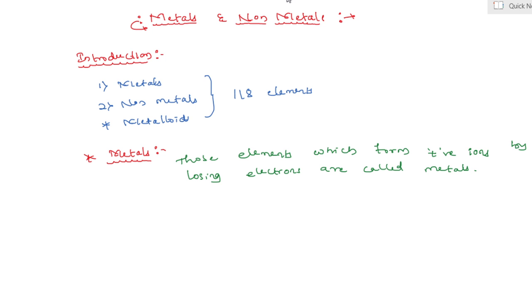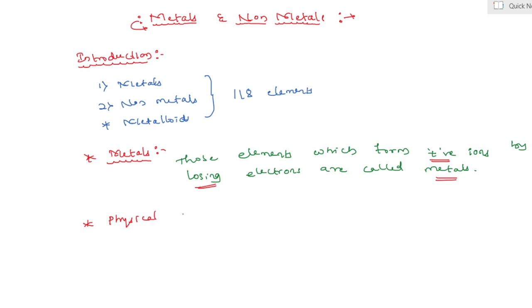Yes, my dear students, first of all, metals means what? Those elements which form positive ions and lose electrons are termed as metals. Yes, let us see the physical properties of metals.